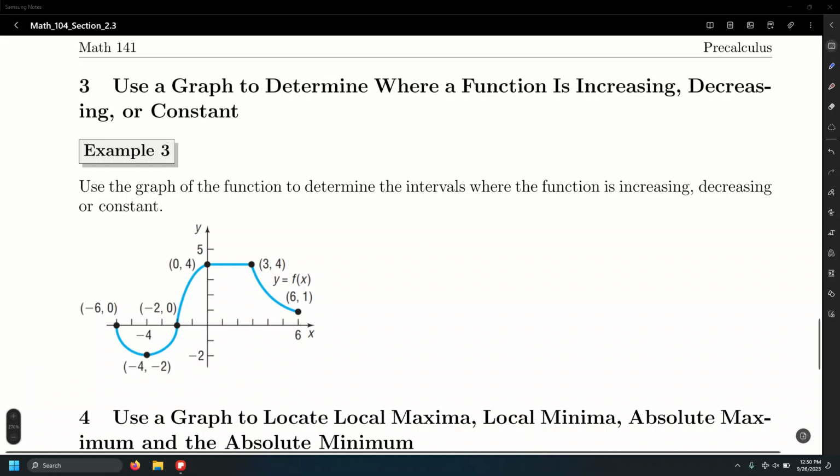One of the most important things we want to analyze of a graph is not whether it has a symmetry about the x-axis, the y-axis, or no symmetry at all, because many natural phenomena are, of course, modeled by functions, for instance in biology or in finance.